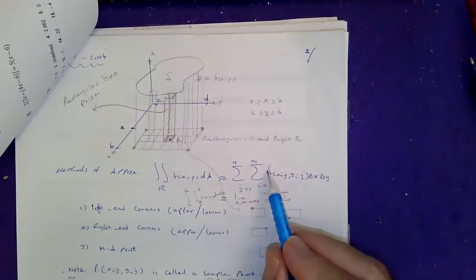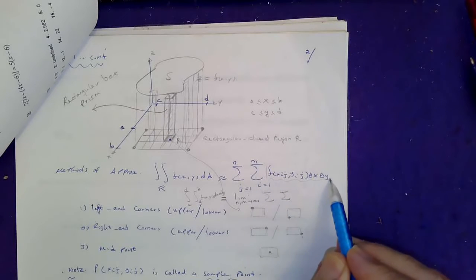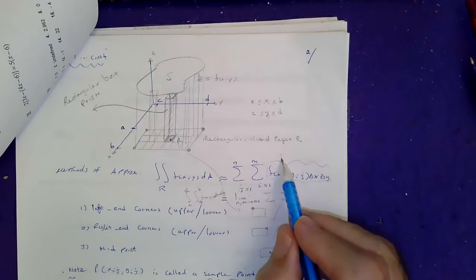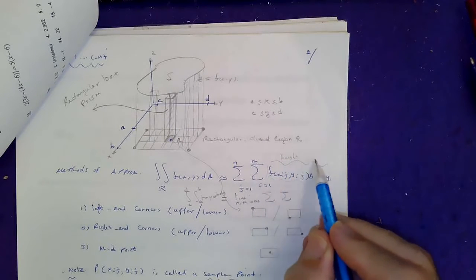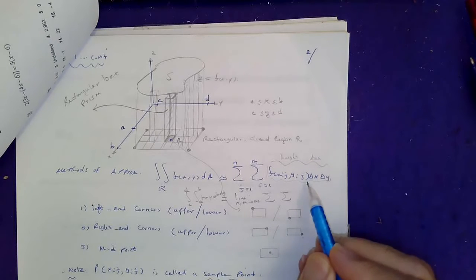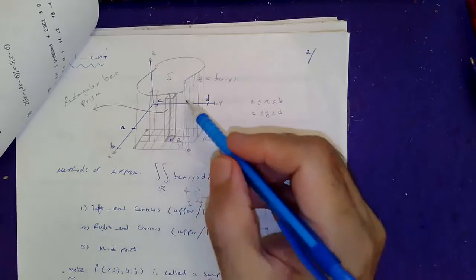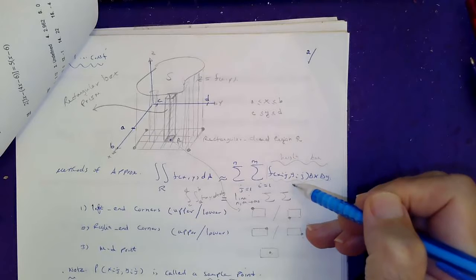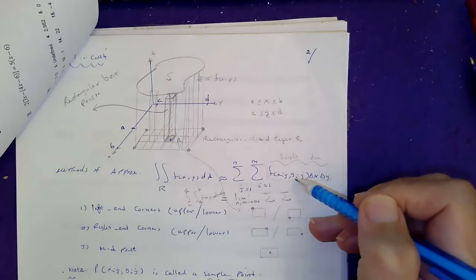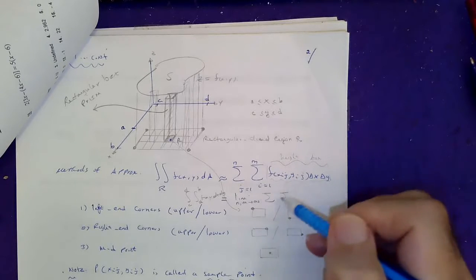So this quantity right here is the height times the area element. So if f(x,y) is a positive continuous function, this represents the volume.